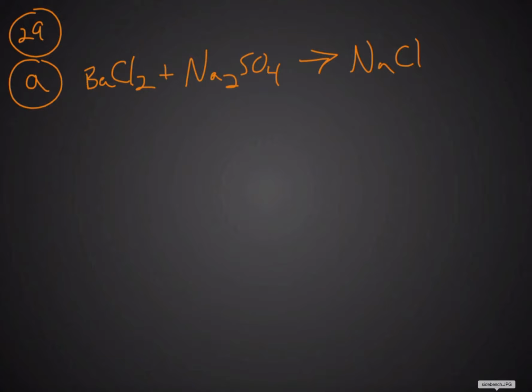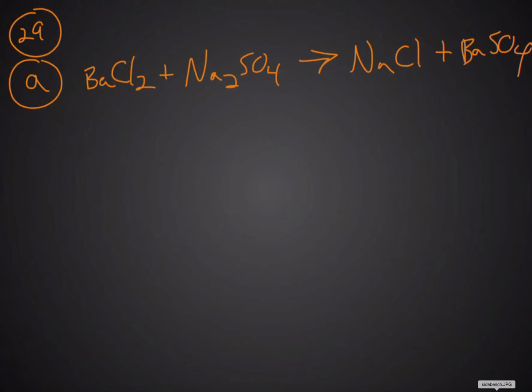The first reaction is a solution of aqueous barium chloride and aqueous sodium sulfate. When you switch around the ions, you get sodium chloride, and these are not going to be balanced. That's not really the key. The key is what are the combinations, and then you end up with barium sulfate.